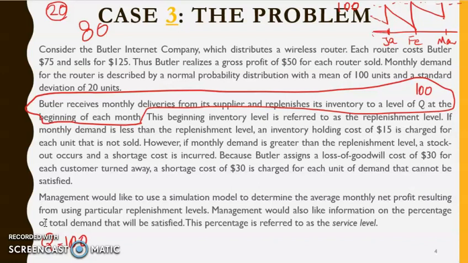But since they are a business and they care about the service level, they are going to consider two things. First is the net profit, and the other thing is the service level.